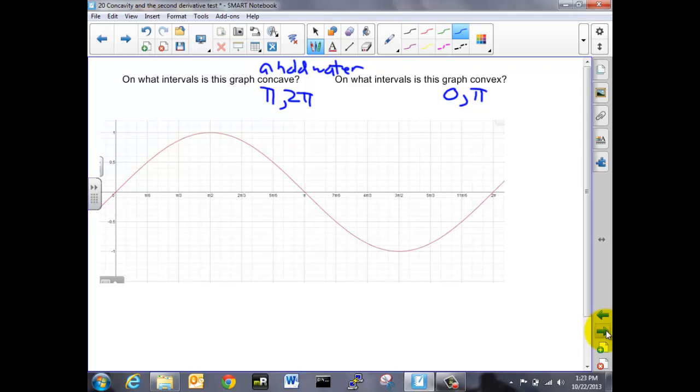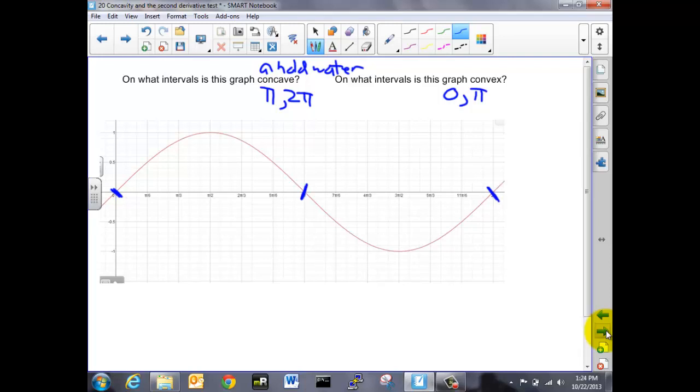So you can look at that and kind of tell, all right? Now, every point on this graph, all of these points have concavity. That's what we're about to define. What do we mean by concavity? Well, if it's concave, it's caved in, it will hold water.